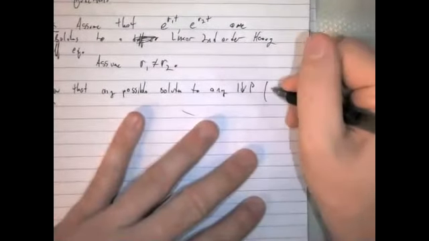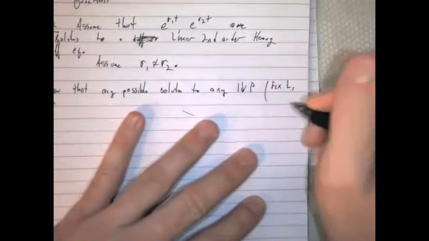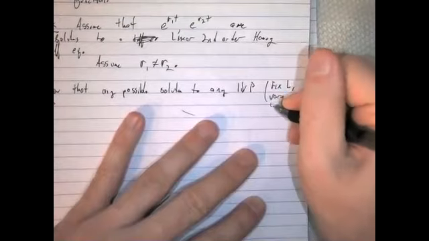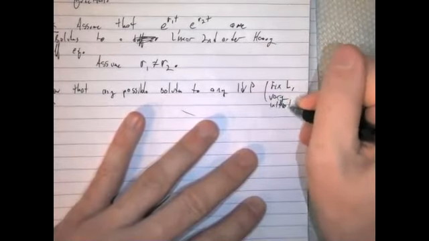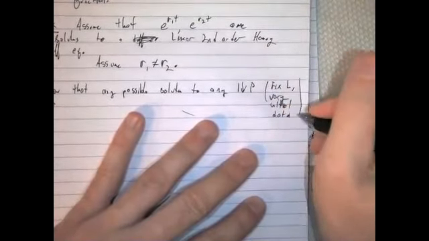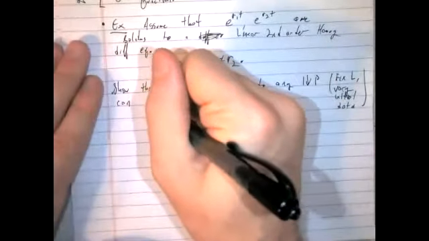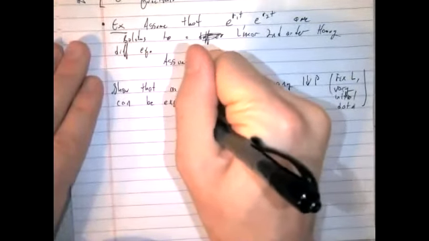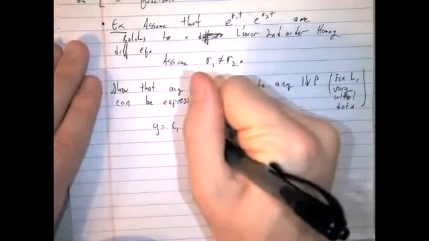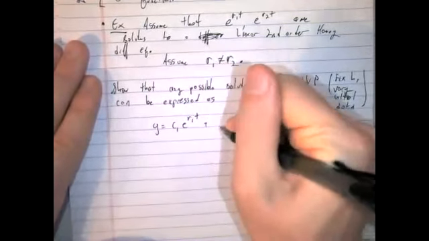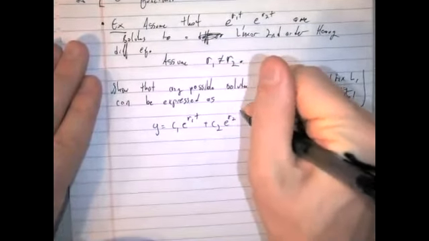So I'll write that. Fix L, vary initial data. Can be expressed as y is equal to c1 e to the r1t plus c2 e to the r2t.